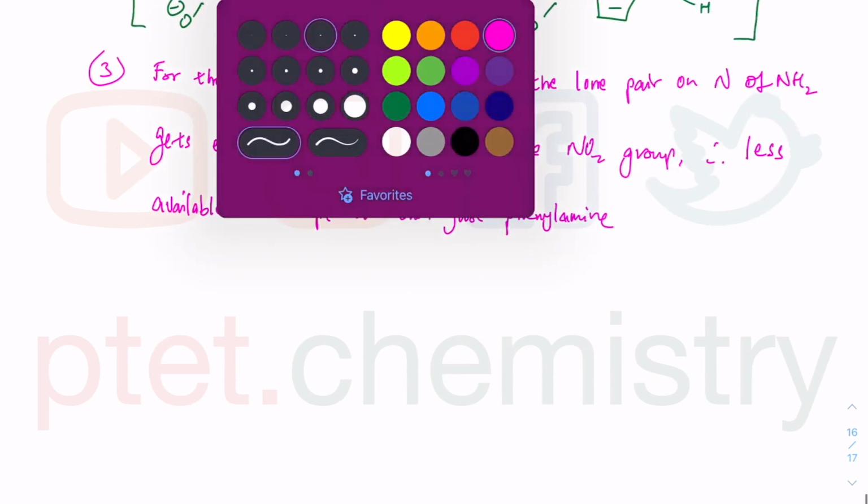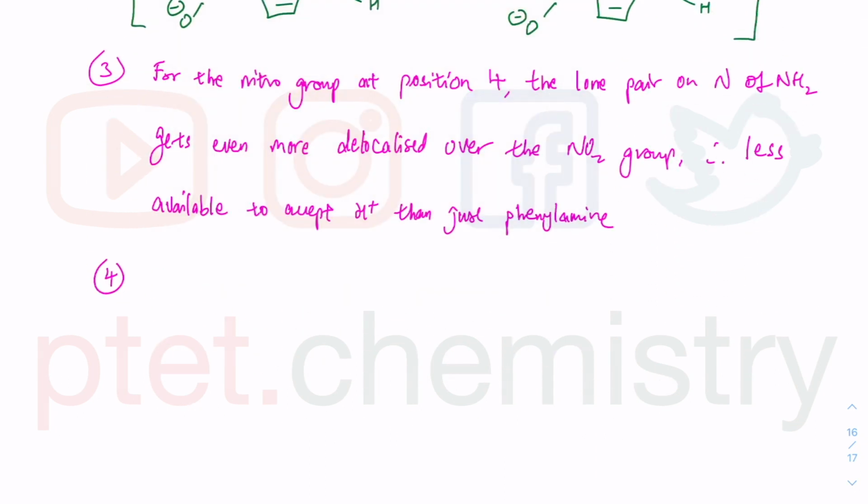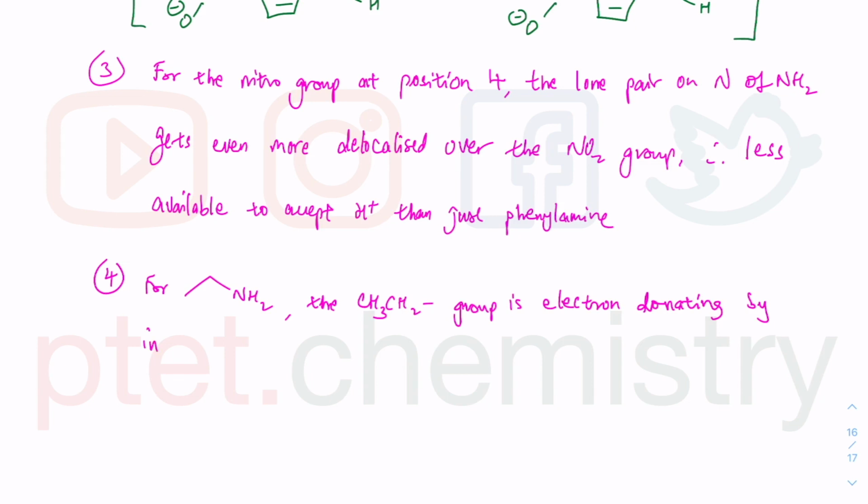Of course, then you have to complete the essay by comparing ethylamine as well. For ethylamine, the CH3CH2 group is electron donating by inductive effect. Inductive effect is something you have learned in alkene chemistry, in the AS chemistry syllabus.